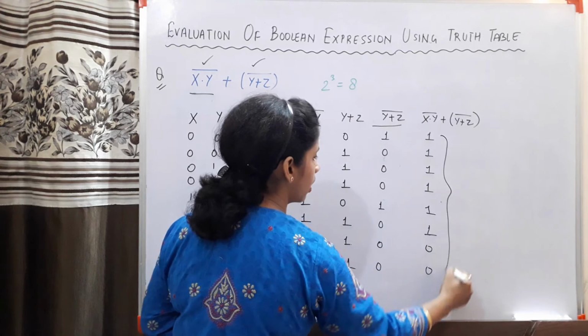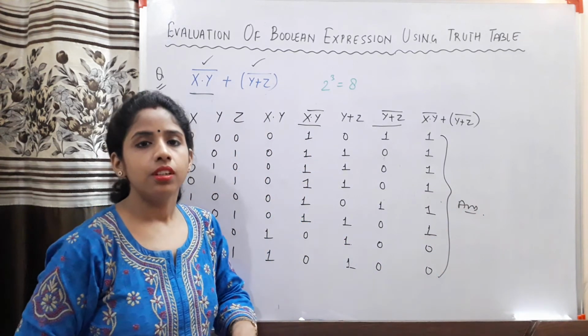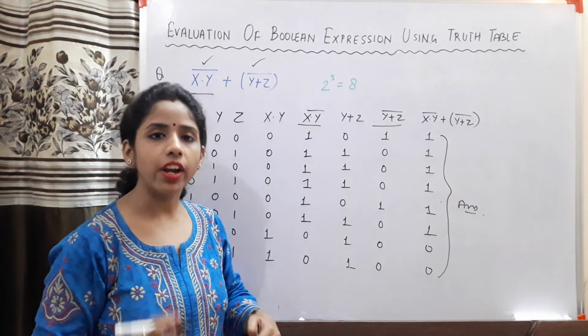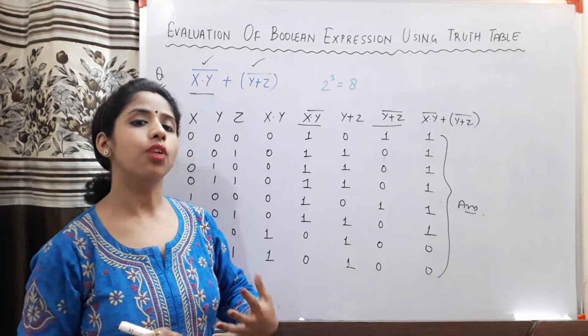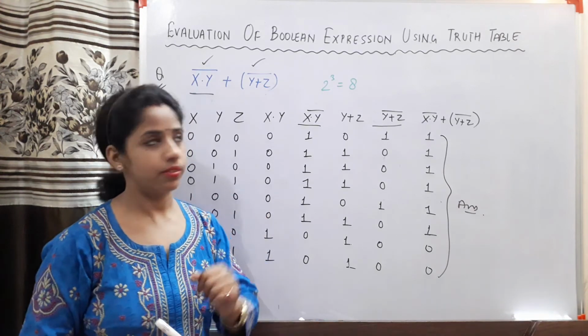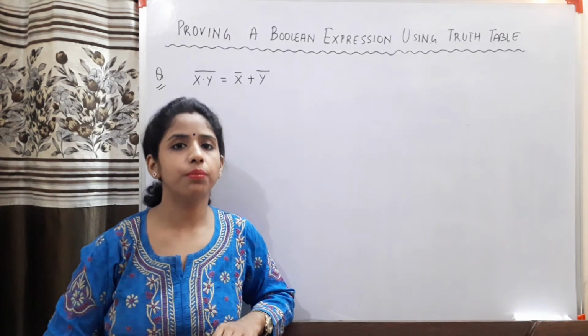So this is your final answer of this expression. Clear? So remember that in case of whole bar, you are going to first of all find out the inner expression and then you have to apply not operator on the result of the inner expression.